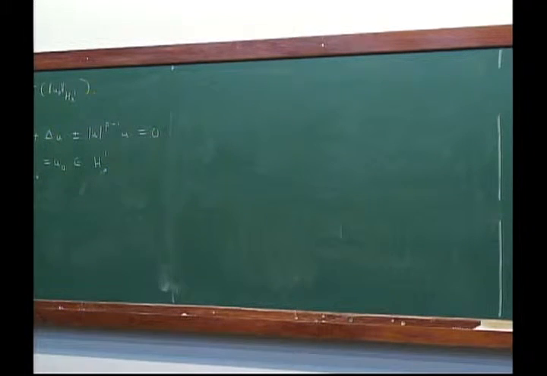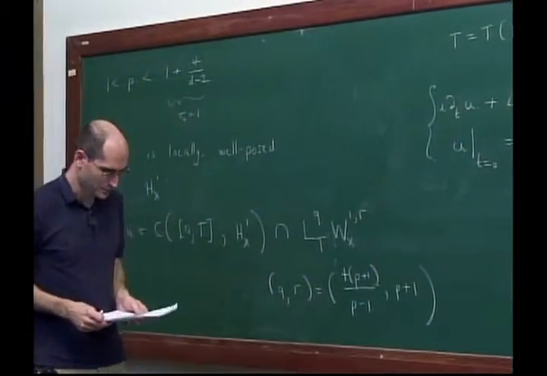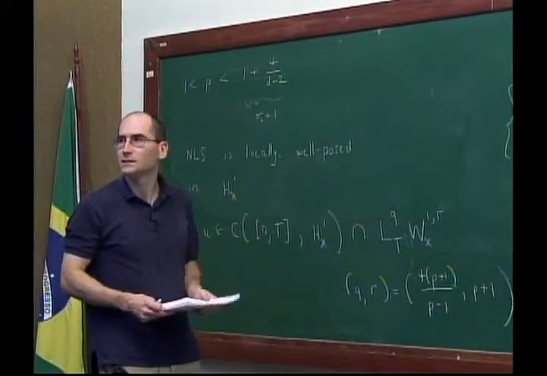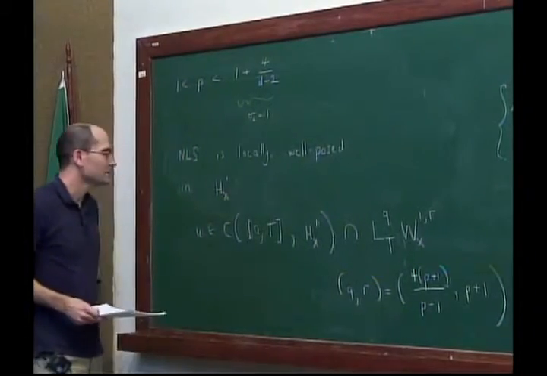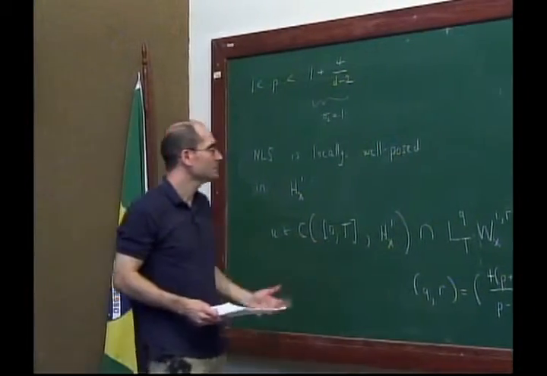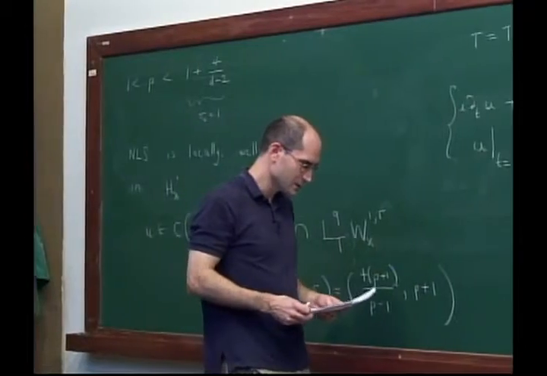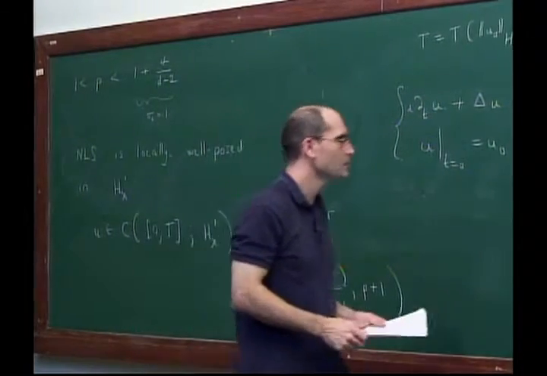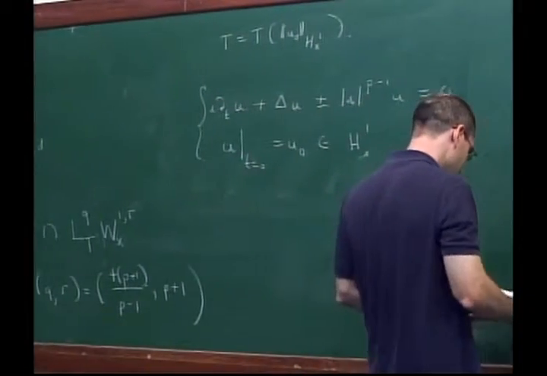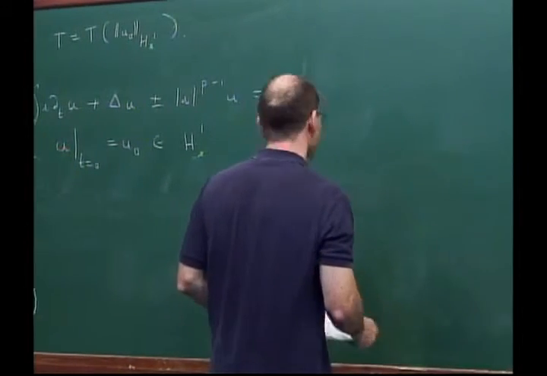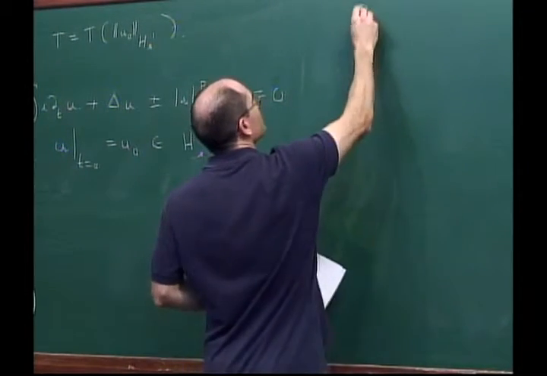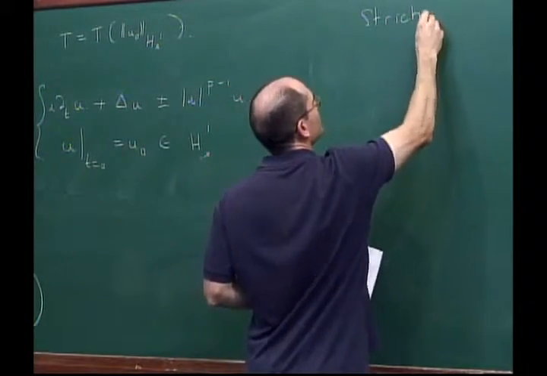What you want are dispersive estimates for the linear evolution. And you apply that together with the contraction principle. The typical example of a dispersive estimate that gives you well-posedness is the Strichartz estimate, and Strichartz estimates suffice in this case too. So Strichartz estimates are the following.